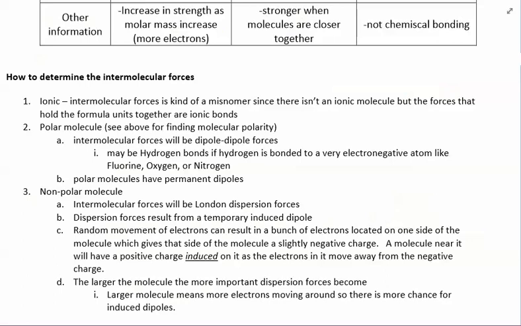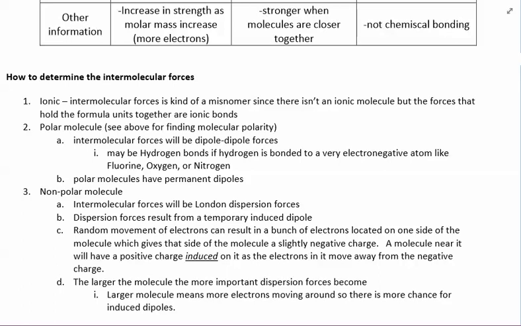Okay, so how do we determine the intermolecular forces? When we have something that's ionic, that's a bond. It's really not an intermolecular force because you have the full attraction of both. So ionic is a bond, not an intermolecular force. If we have a polar molecule, there's two things that you could have as the strongest intermolecular force: dipole-dipole, or hydrogen bonding.